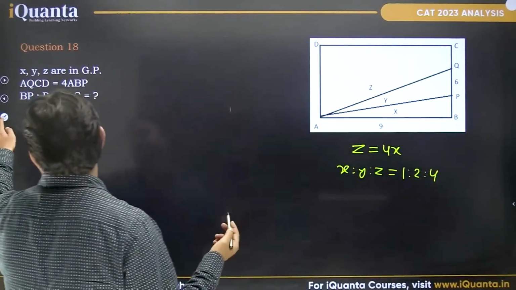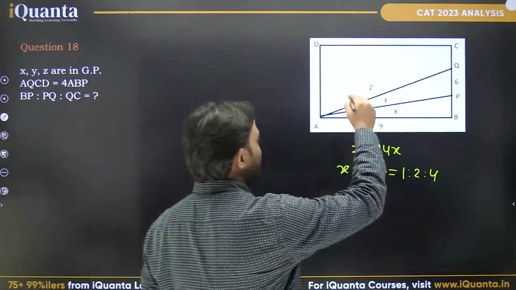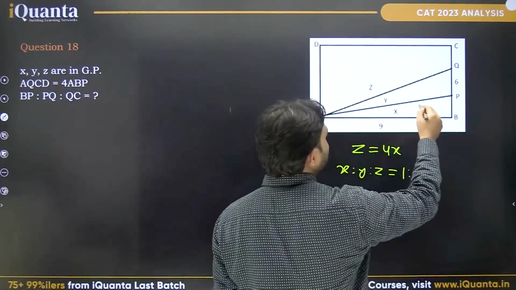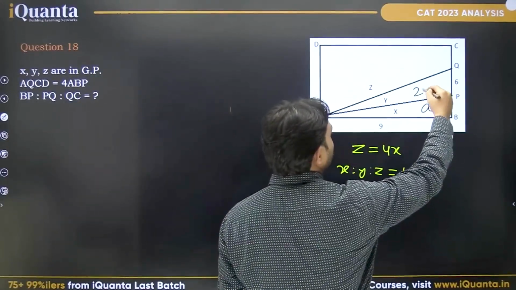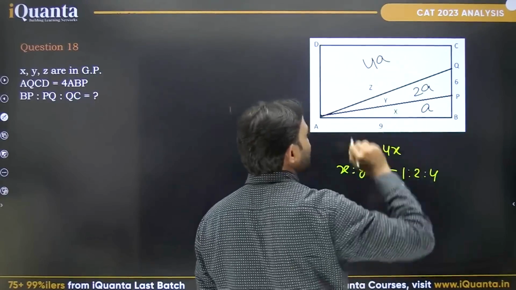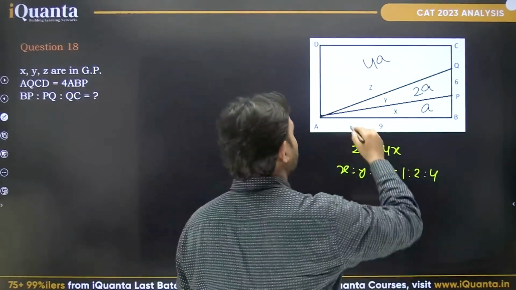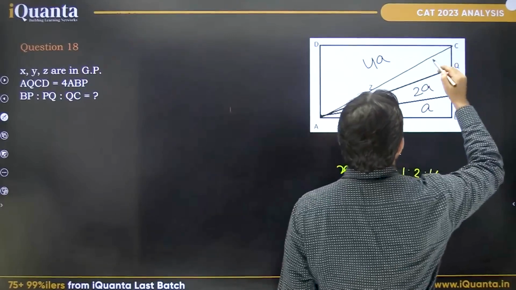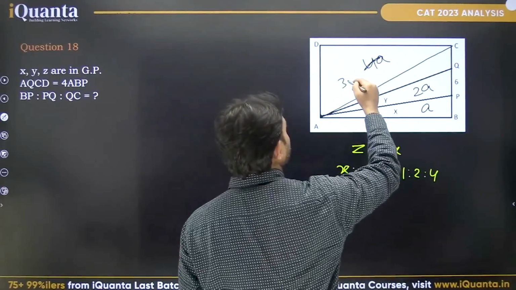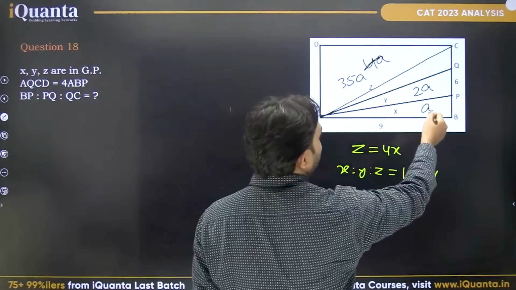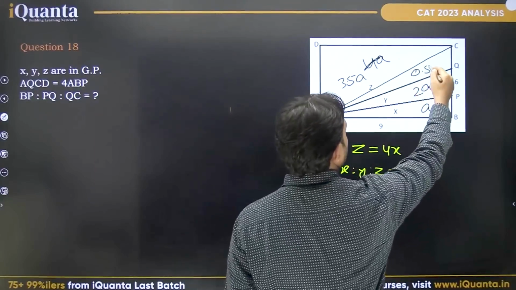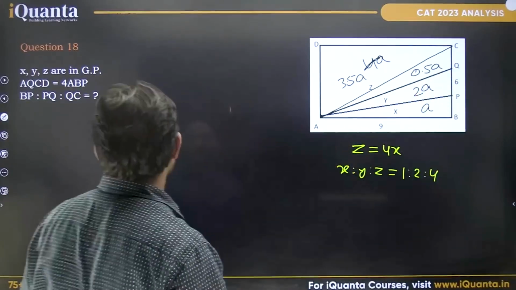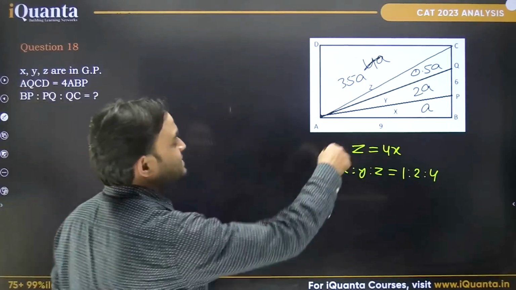So you can see here, there is a very interesting thing. If I take this area as A, this will become 2A and this whole will become 4A. So total is 7A. If total is 7A, so this will become 3.5A, and this will become 0.5A. So the ratio of area will be same as ratio of their base.